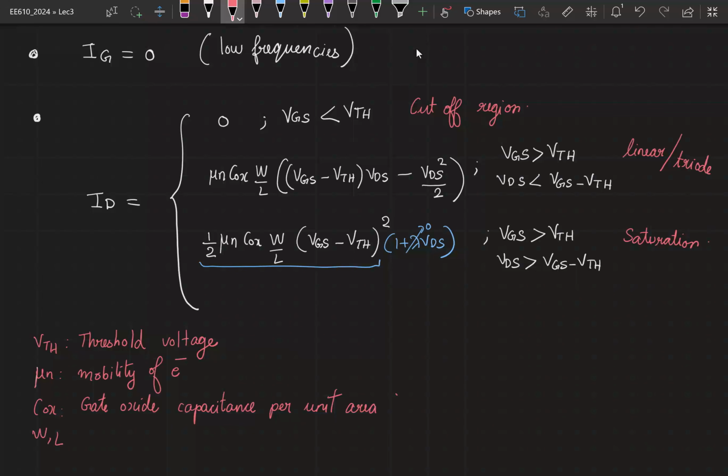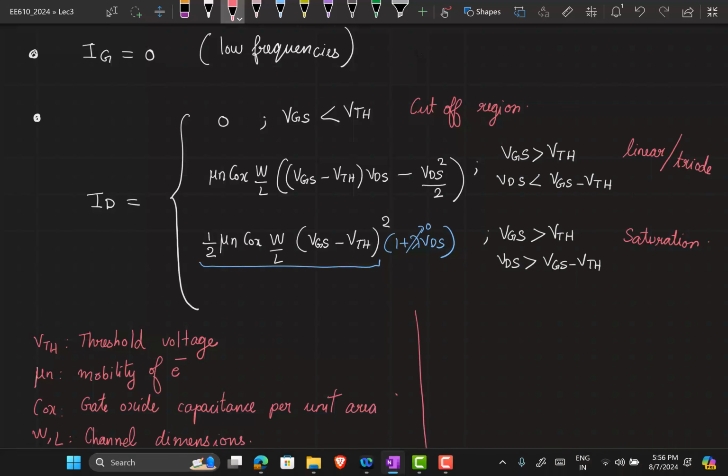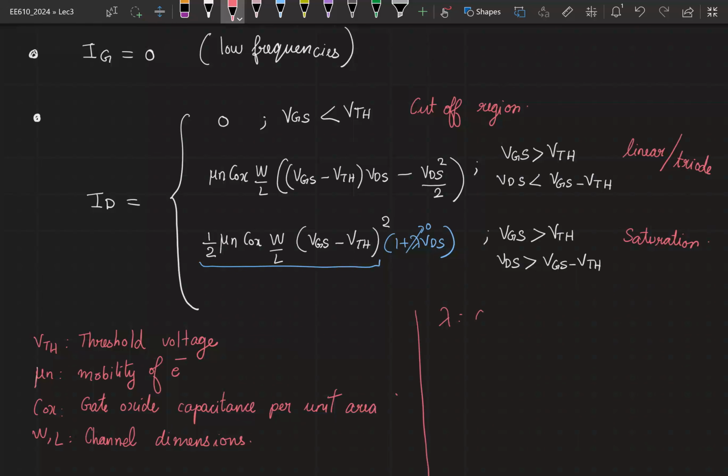These are the dimensions of the channel. And the factor lambda is called channel length modulation, or CLM. For the initial part of the discussion, we are going to assume that lambda is equal to 0.